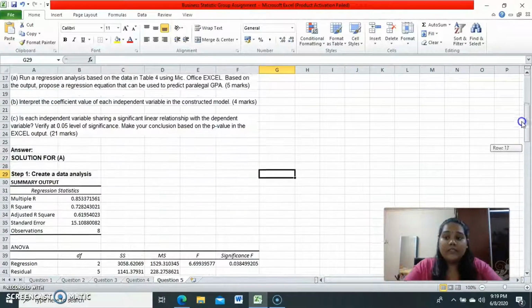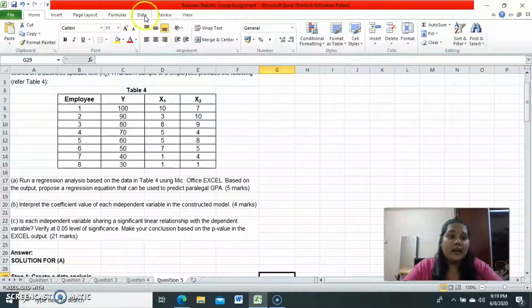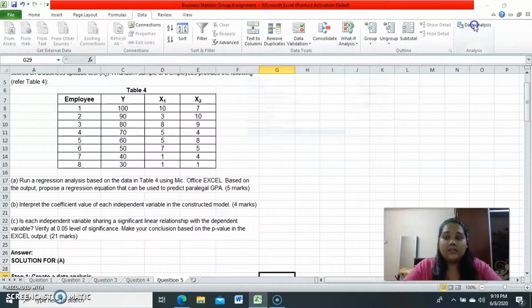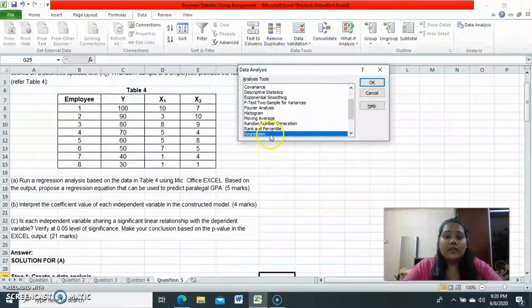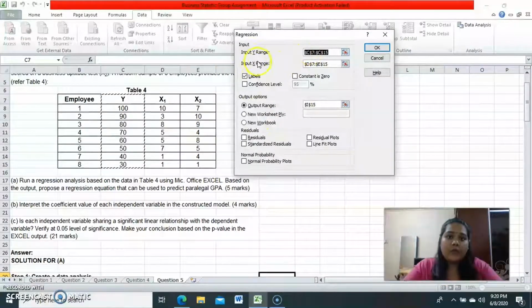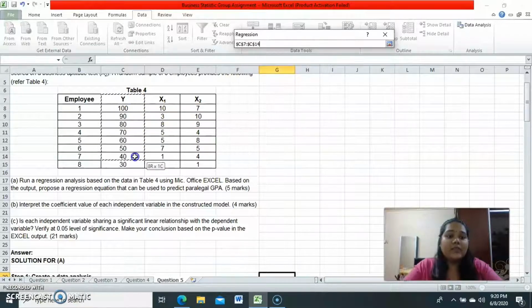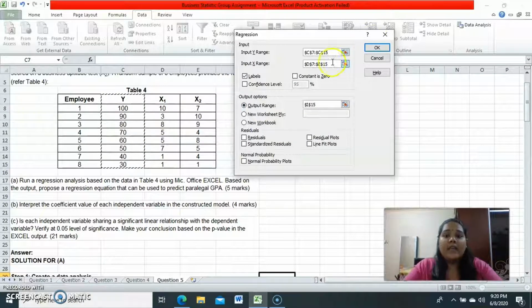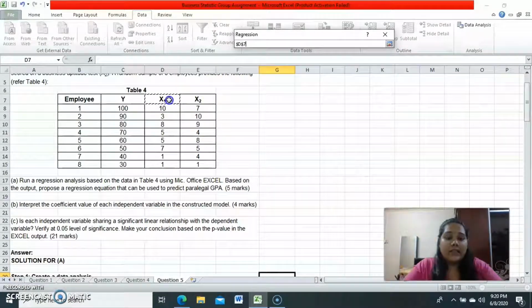For the first step, go to Data, then click Data Analysis, then go to Regression, click that and press OK. For input Y range, click from cell C7 to C15, and for input X range, click from D7 until E15.